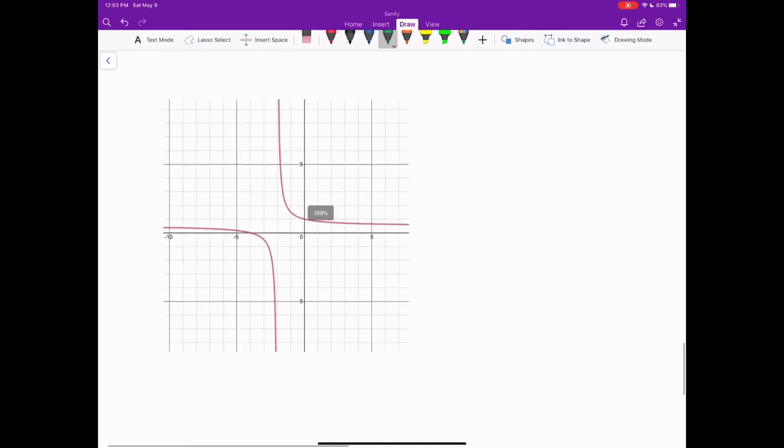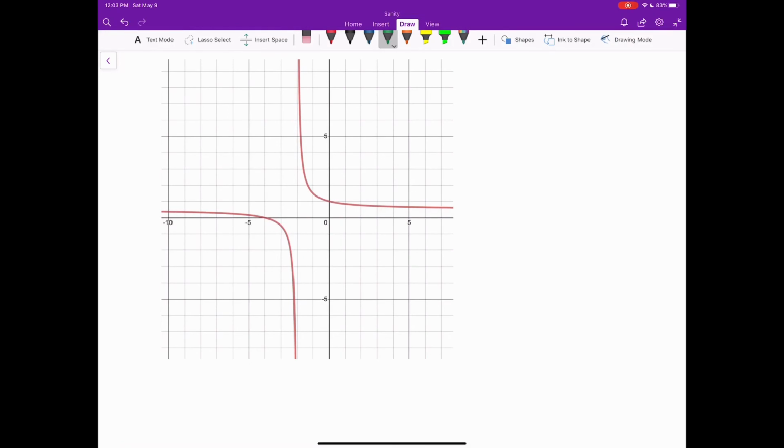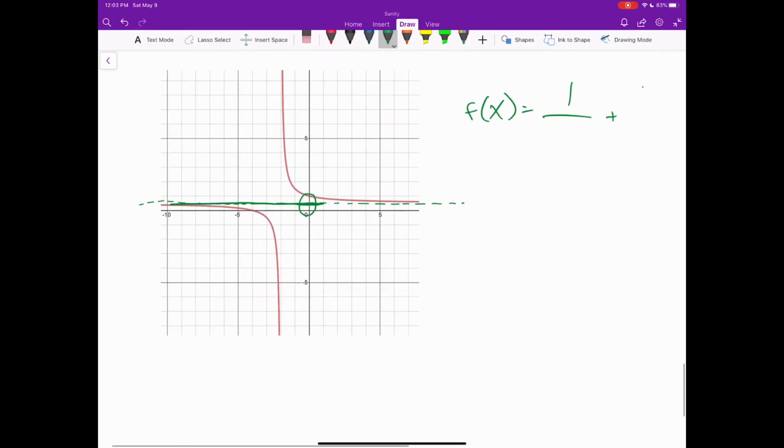One more, again, we'll just identify a quick horizontal asymptote. It looks like there's a line that it's approaching but never touching. I'm going to say that it's not 0 and it's not 1, but it's pretty close to about 1/2, right in between 0 and 1, so f of x equals 1 over something plus 1/2. All right, I threw a fraction in there. So my horizontal asymptote would be at y equals 1/2, and that would indicate my c value that's being added onto the end.